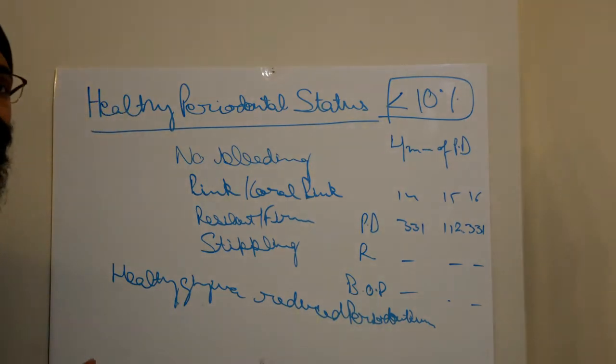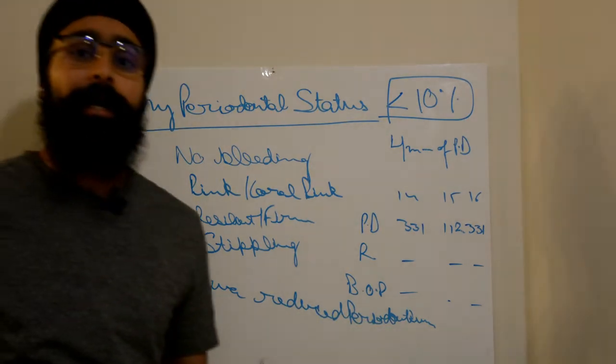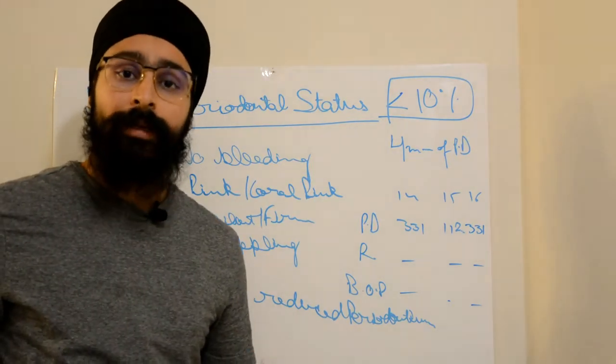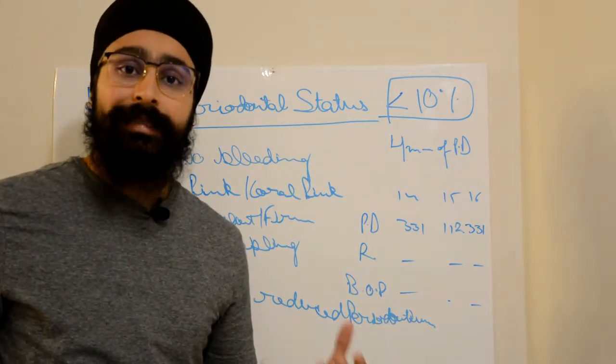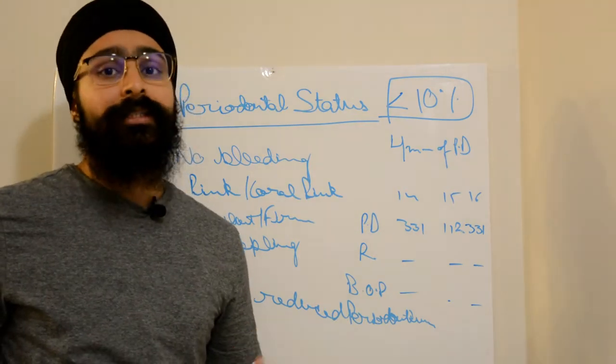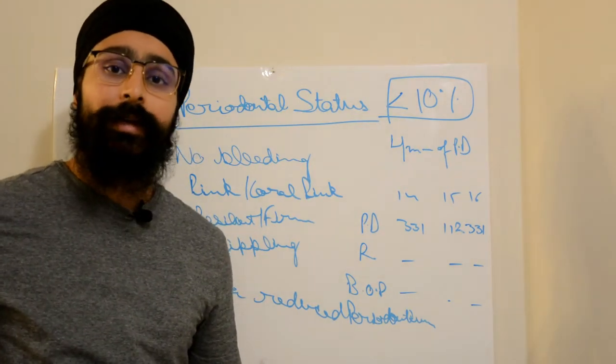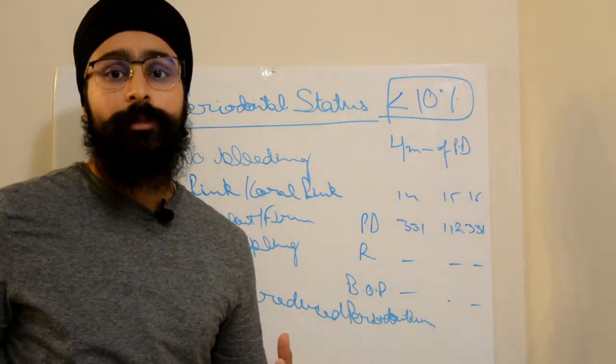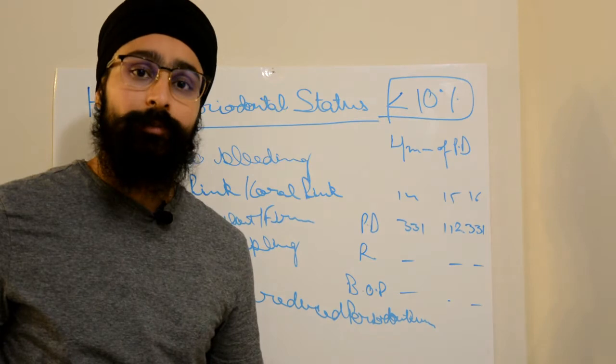What does this mean? Let's say a patient had periodontitis that had led to the destruction of the alveolar bone, that had led to the recession, but the patient went to the dentist. He was very regular when it came to his treatment, so the dentist was able to treat his periodontitis problem.